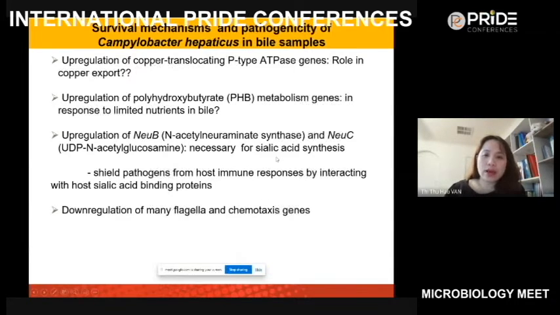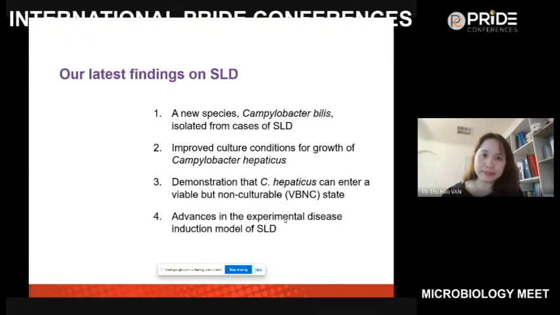We also found other interesting things as well. But interestingly, we found downregulation of many flagella and chemotaxis genes, because flagella also contribute to pathogenicity as well. But that is what we generally find in this bacteria.